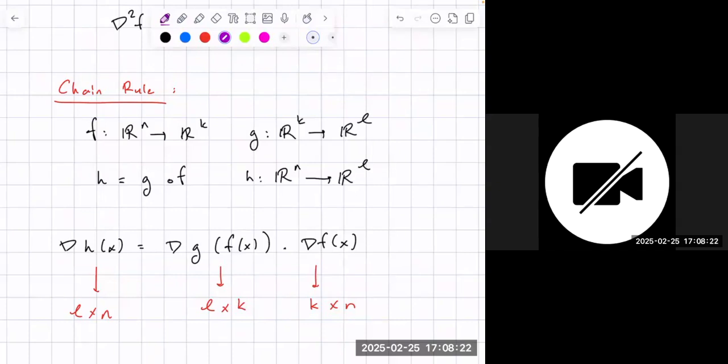And now how would I do chain rule? It goes exactly as in the univariate case: the Jacobian matrix of this H on the left is the Jacobian of this G, plug in your F, times the Jacobian of this F. Now you're going to multiply matrices to matrices instead of numbers to numbers. The rest, the idea is the same. Chain rule is the same chain rule. You just need to create the correct language for it. Okay?